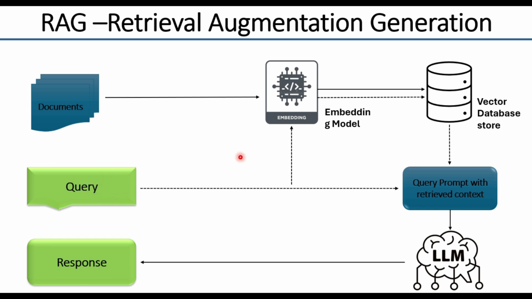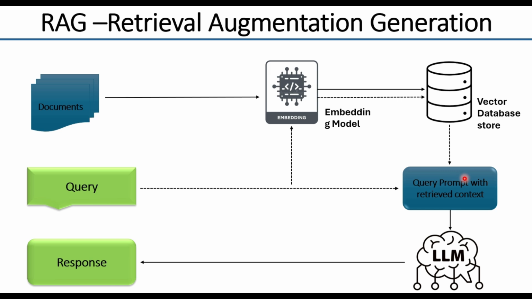You can think of it this way: we have thousands of documents here, but once we write a query, there are only 10 documents relevant to it. These are called the relevant documents, which will be utilized by the large language model to provide the response.